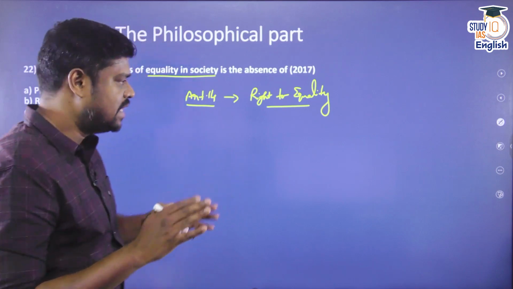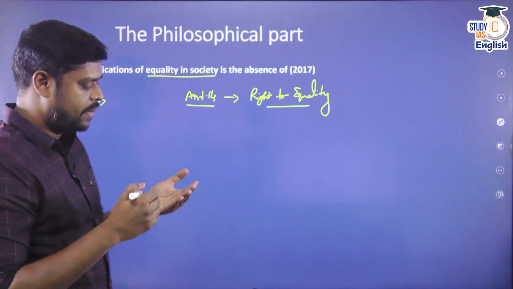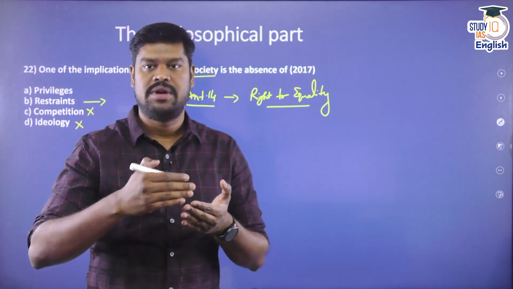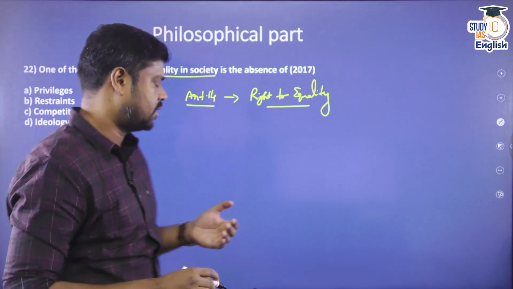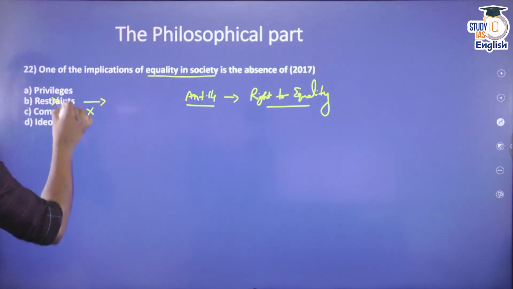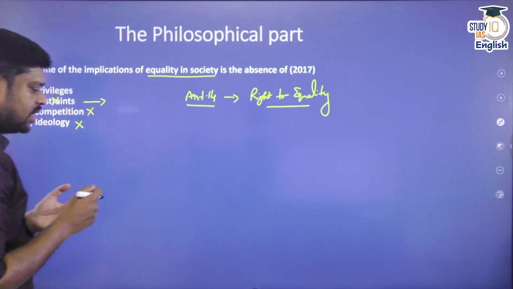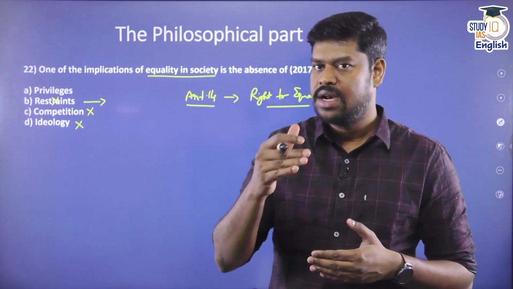So equality doesn't mean that there are no restraints, because in fact in most of the democratic countries, people's rights come with certain reasonable restrictions. So definitely equally the rights can be restrained. So this is also wrong, because anything that is unrestrained is dangerous. Just now we have seen, it can come with restraints.